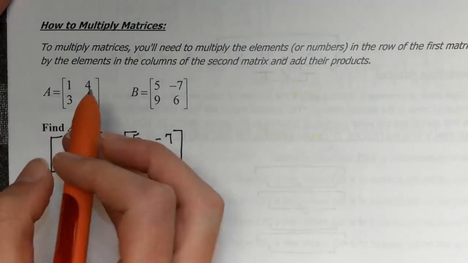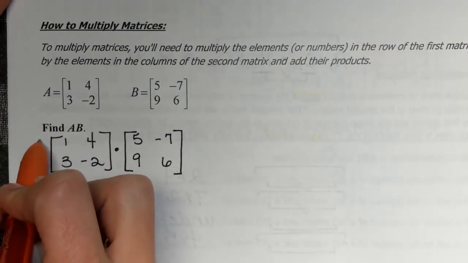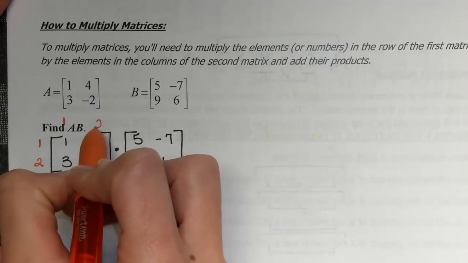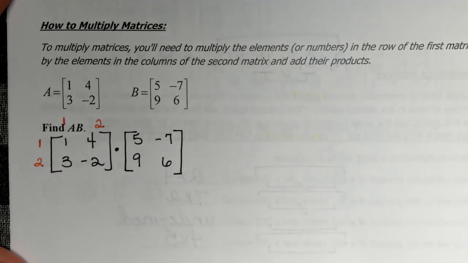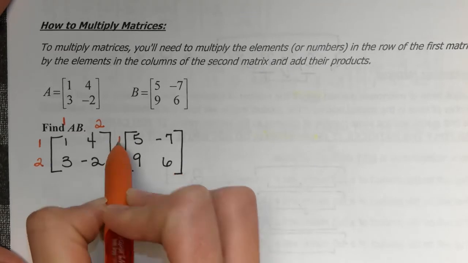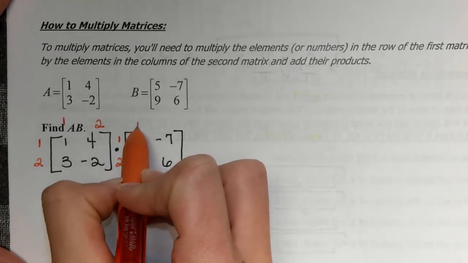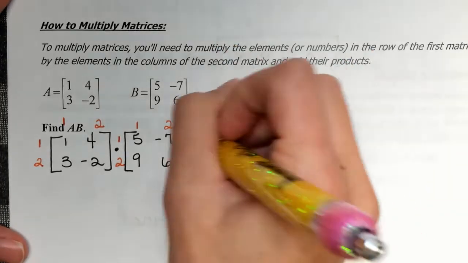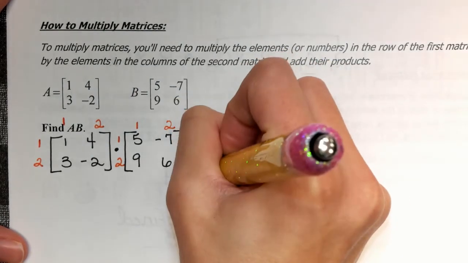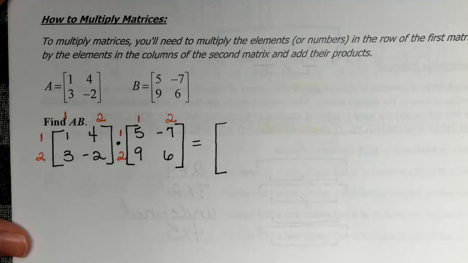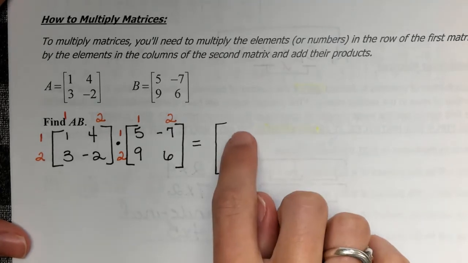I'm going to put little numbers on the outside, being that this is my first row and second row, and this is my first column and second column. Then I'm going to do it over here. This is my first row, first column, second column. So when I multiply, I need first row, first column.